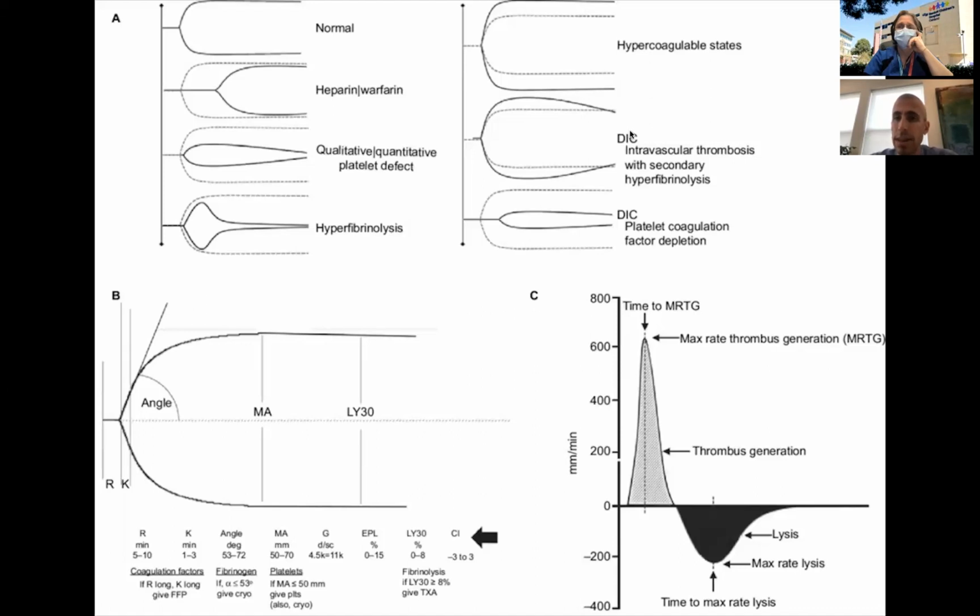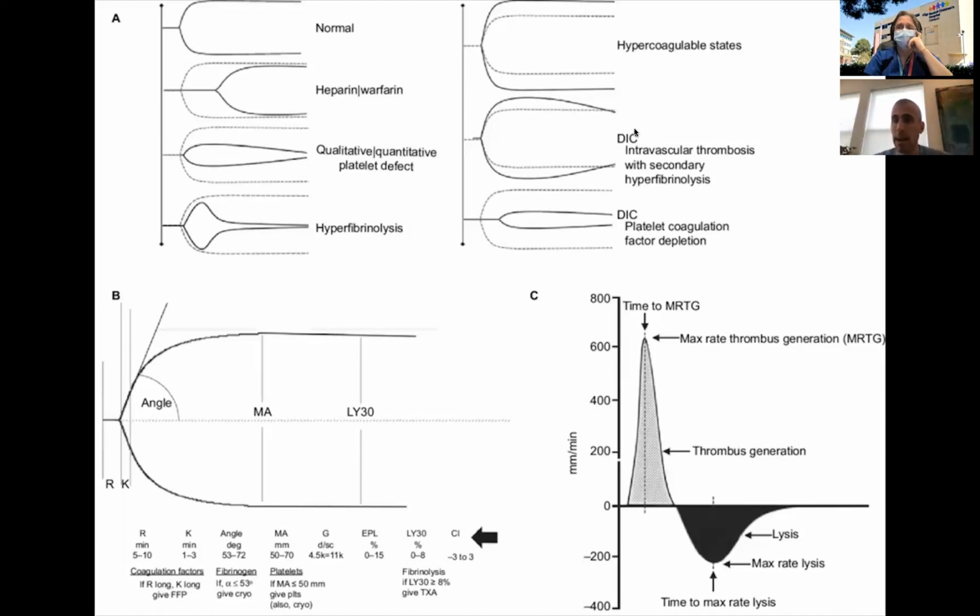And then as you know, DIC is one of the worst conditions for coagulation. You can have thrombosis with hyperfibrinolysis. And so if you have thrombosis, the clots get really big in DIC, and then the LY30, they break down faster than you would expect.